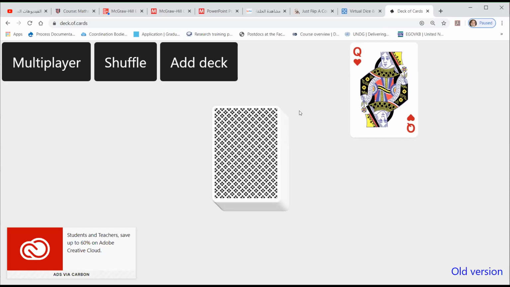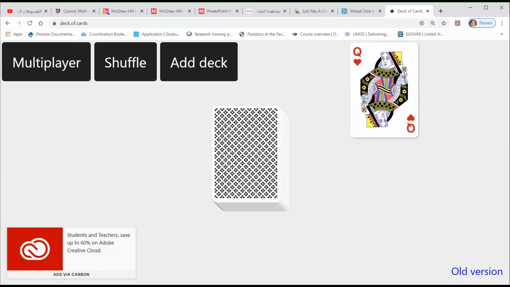For the next card, I want to know what would be the probability of getting a red queen, given that. This is very important, because if we don't have this red queen drawn, in this case the probability of getting a red queen will be 2 divided by 52, the number of red queens in the deck of cards divided by the total number. Okay, but here the situation is different.